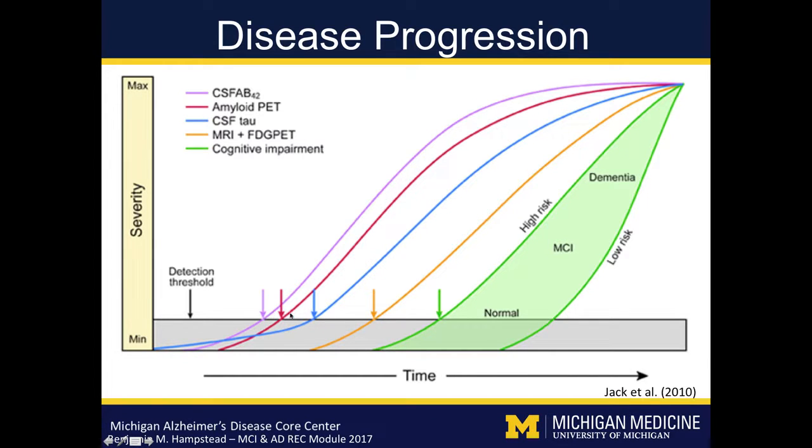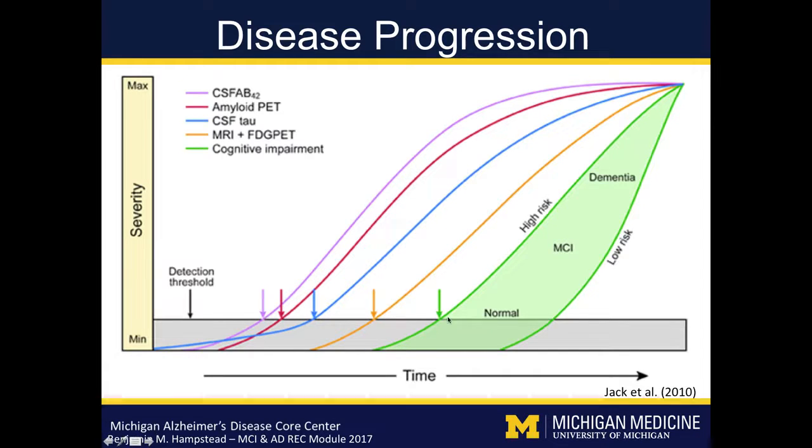At the time this was published, the tau tracers that I just mentioned had not come on board yet, and so again, it's tau following amyloid. This follows the traditional amyloid cascade hypothesis. Later, measures like MRI show the volumetric change, or FDG PET shows the hypometabolism that characterizes the disease process.